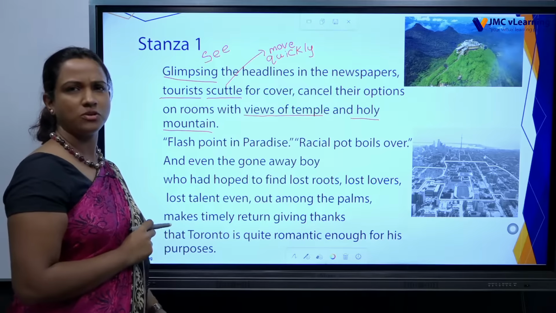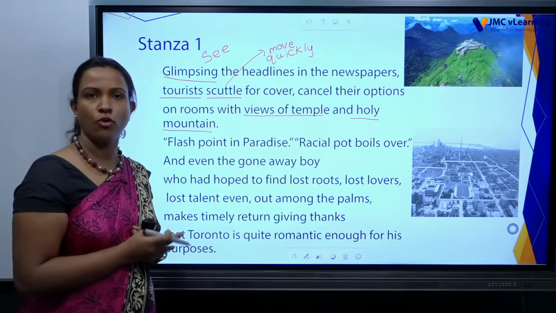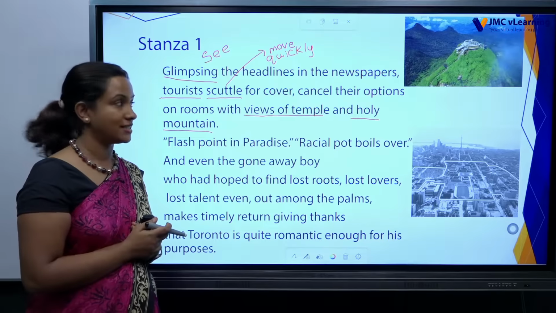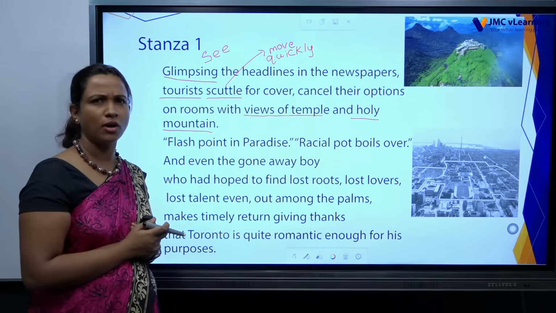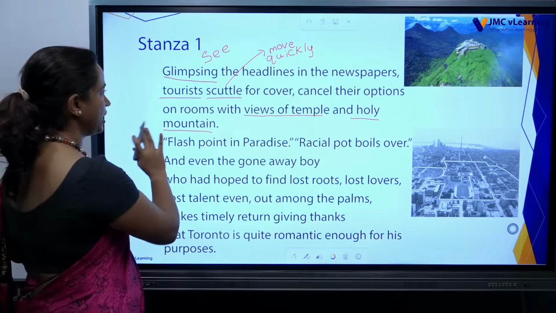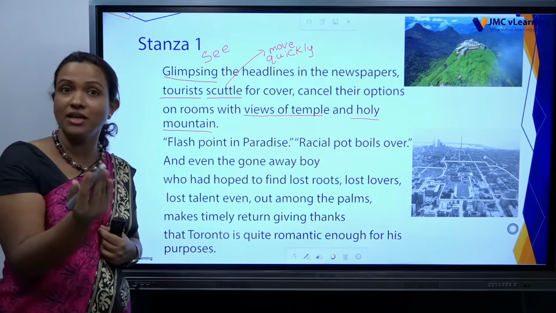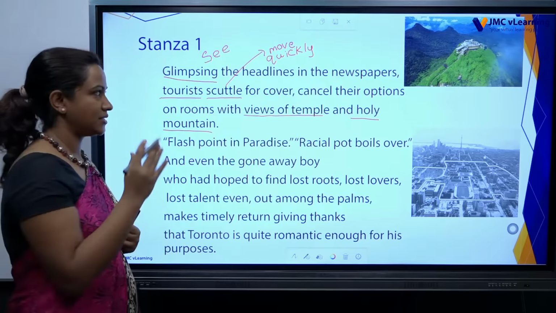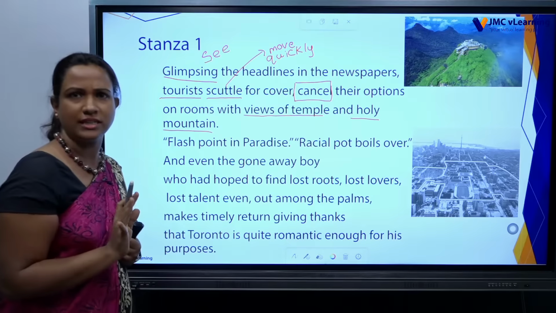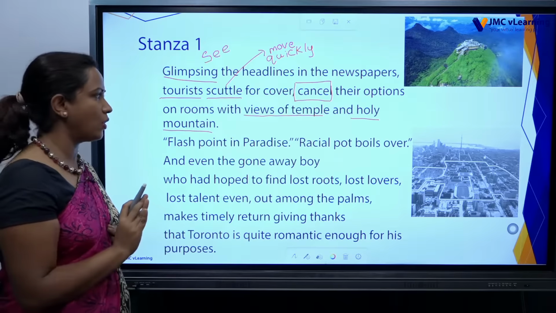What's the holy mountain in Sri Lanka? That is more important for all 4 ethnic groups. Yes, it's called Sri Pada. We also call it Adam's Peak. You might know about that. So they want to see the view on the holy mountain and the temples. So what do they do? They cancel. They don't want this. They cancel their options on this view on the temple and the holy mountain.